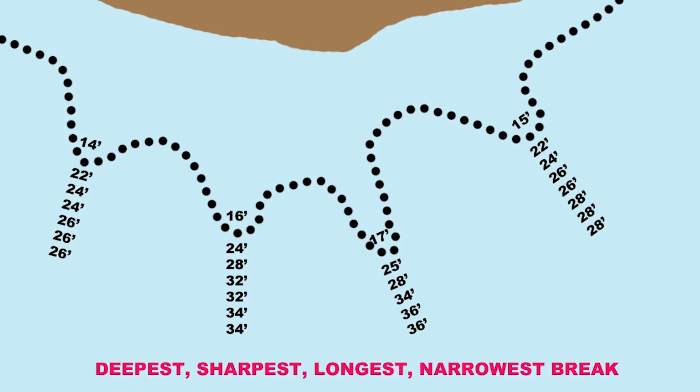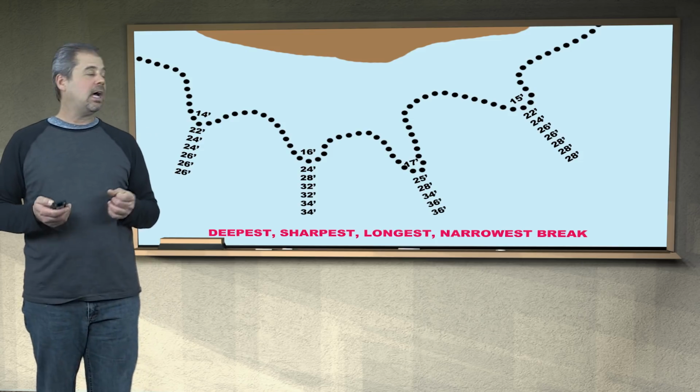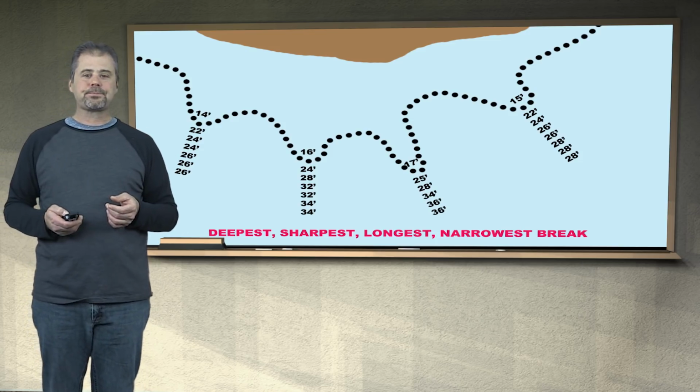Now I made this one pretty obvious that our deepest break is 17 feet, our sharpest break 17 to 25, that breaks 8 feet, and that point's the longest point out of the other ones, and it's the narrowest one. I mean, this is a classic contact point you want to look for here.